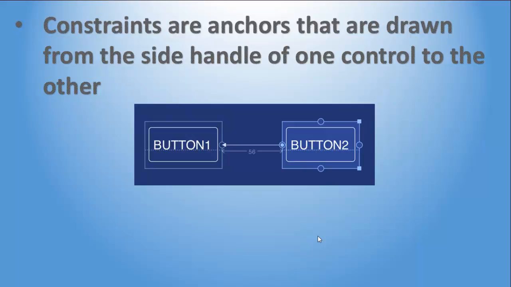You cannot create a constraint for a single control with the side handles of different axes. I hope you understand this. Anyway, we would be seeing it briefly while explaining the demo.